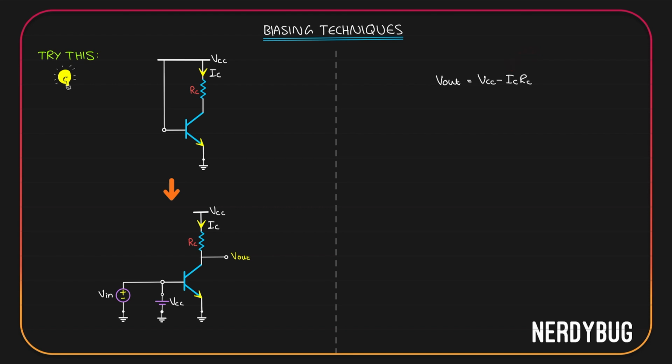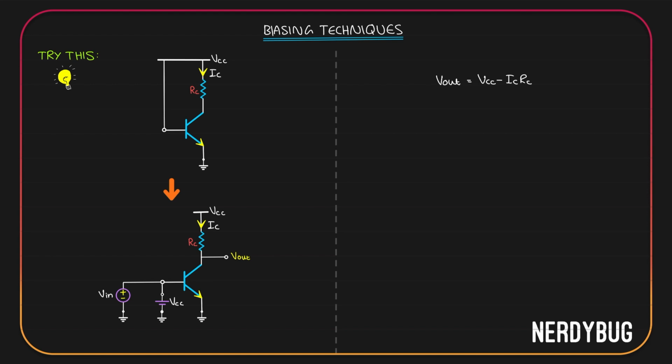And collector current depends on whatever is the potential you get between the base and the emitter. Here we have given the input voltage between the base and emitter. True. But we also have VCC between the base and emitter. Technically, the base and emitter is shorted through the cell whose potential is VCC, which means it doesn't matter what your input voltage is, potential across the base and emitter is always going to be VCC.